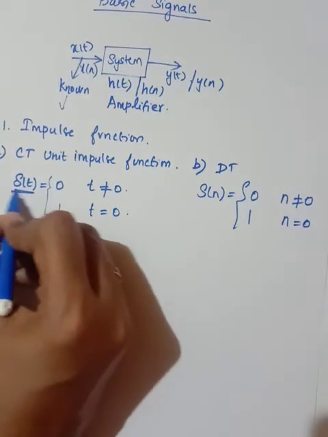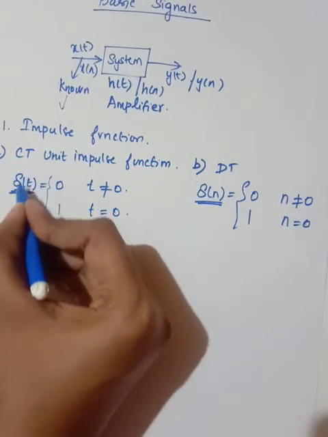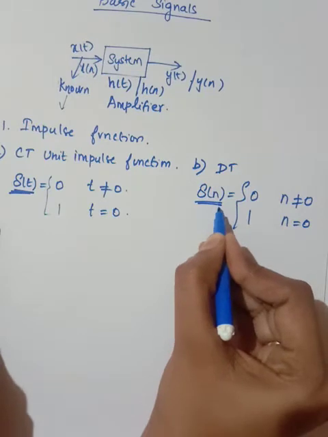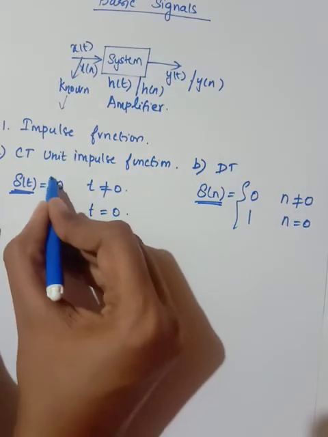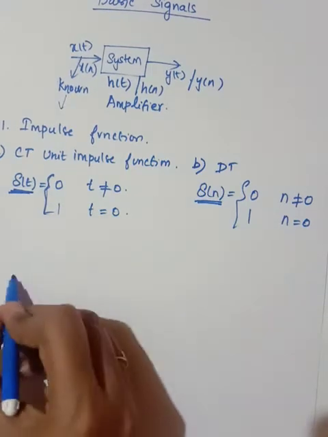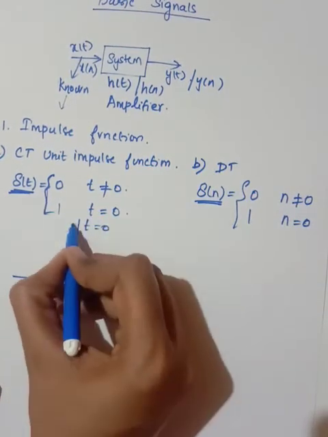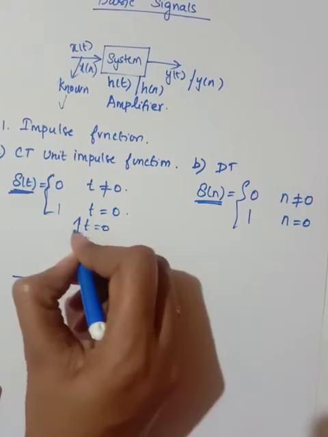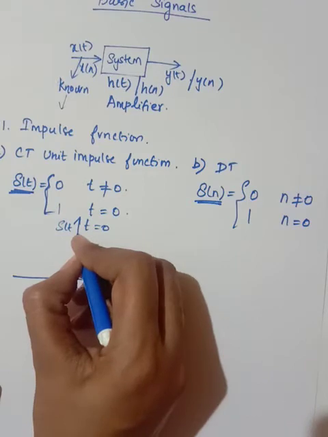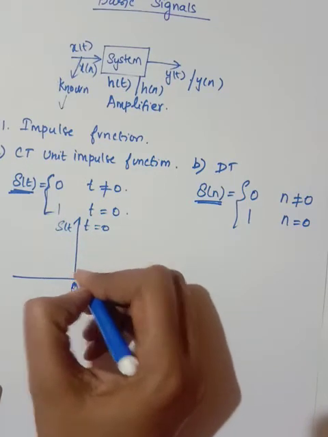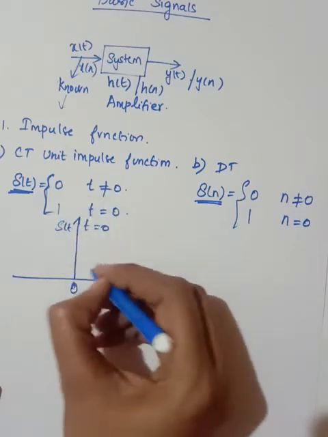The impulse signal is denoted by del of t for continuous time, and del of n for discrete time. The property of the impulse is that it has a value only at time t equal to 0. Consider this is del of t and this is t. It has the value only at the origin, and apart from that it is 0.